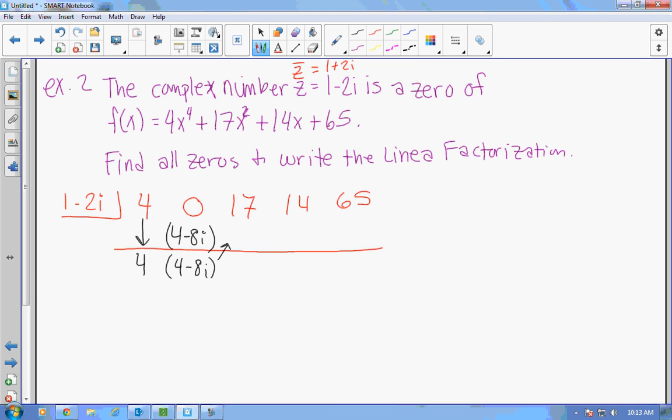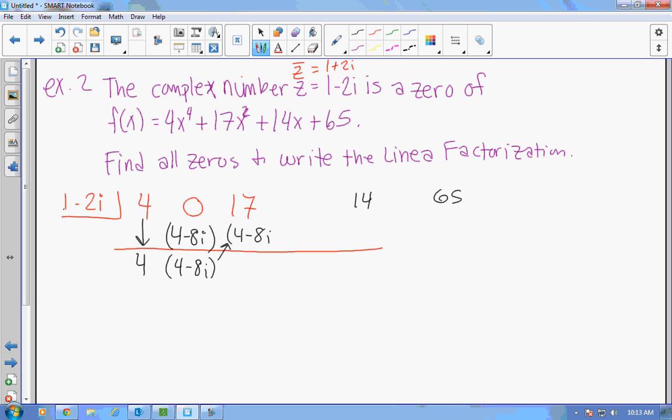Now we multiply that complex number by this complex number. Oh dear, I think I need more space already. I'm going to put 65 out here and 14 out here. Okay, 1 times 4 is 4. 1 times negative 8i is negative 8i.